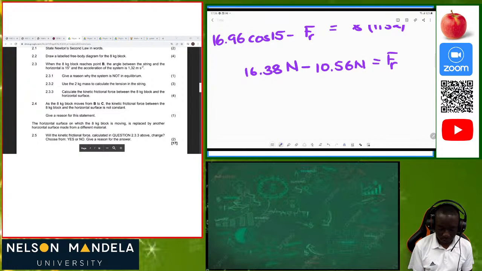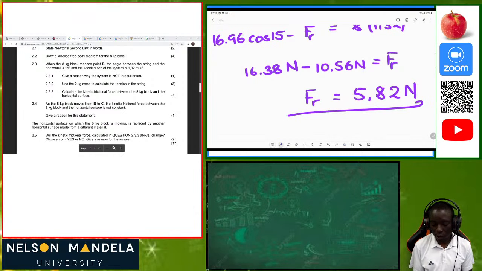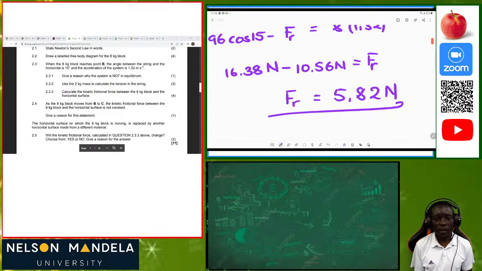So that means the kinetic frictional force FR is therefore equal to 5.82 newtons. So this is the value of the kinetic frictional force.